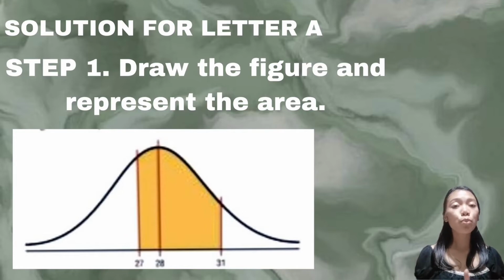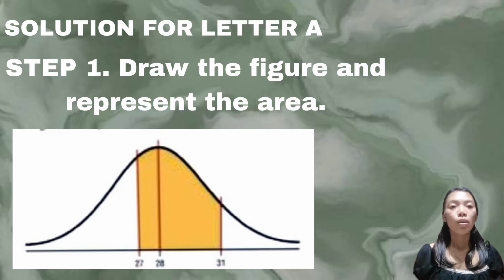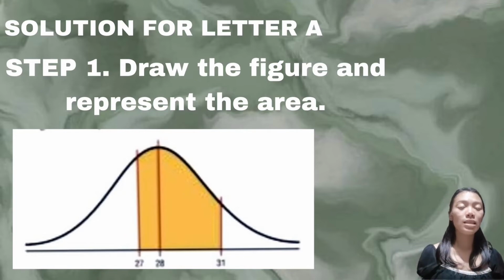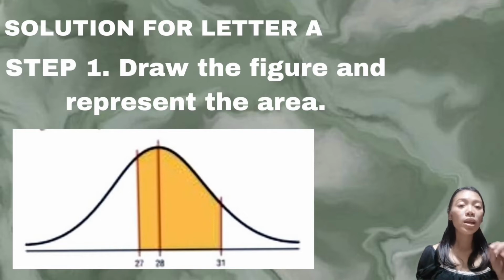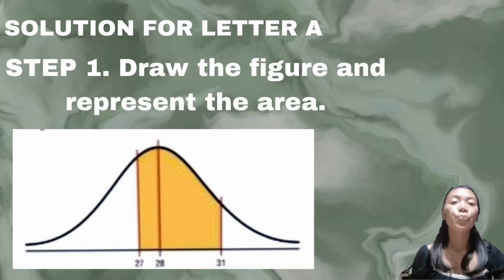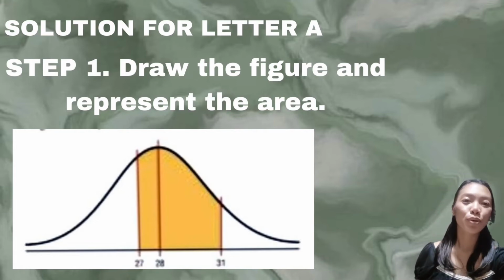We place x sub 2 after 28 since 31, or x sub 2, is greater than the mean. So, you can see on the screen how it was sketched. The part shaded in yellow is the area that we are looking for. So, let us move forward to step number 2.